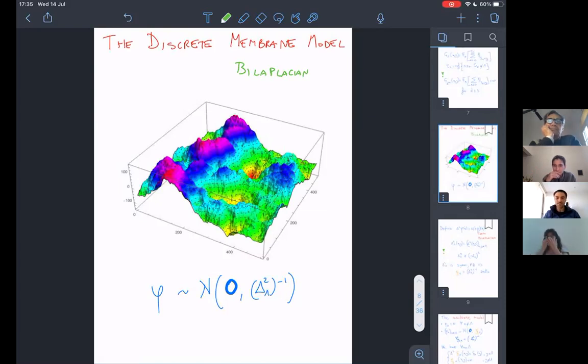So for Z^d, yes, you have a continuum version of that, which is again like the continuum Gaussian free field, essentially. It's a Gaussian field or distribution, when things go a bit rough, where the covariance is the Green's function of the biharmonic operator.